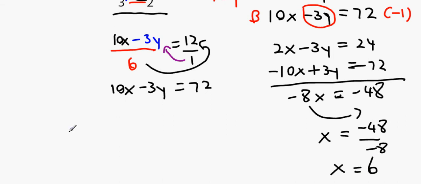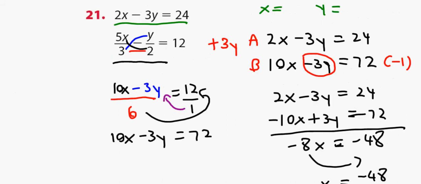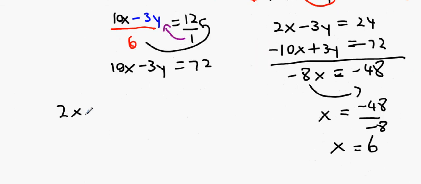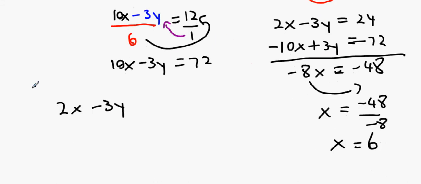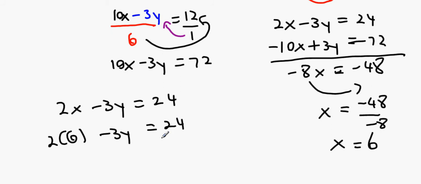Now, since we know that x is equal to 6, we need to figure out what y is. So I'm going to use equation A, which is 2x minus 3y equals 24. And what I'm going to say is that x is 6. So 2 times 6 minus 3y equals 24. And then what we're going to get is 12 minus 3y equals 24.